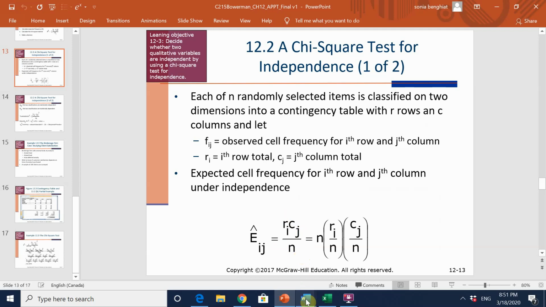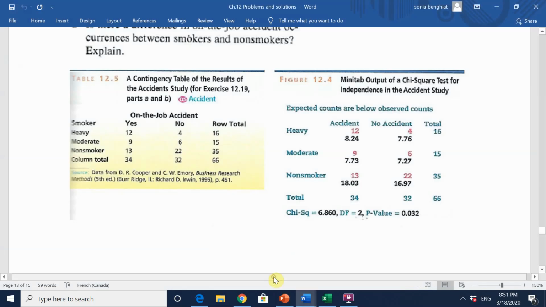Now, if I go back to that example once again, I see that I've got 3 categories for variable 1 crossed with 2 categories for variable 2. And so that gives me 6 cells. I've got 6 cells, so I will be calculating 6 expected values. Here are the expected values right here.